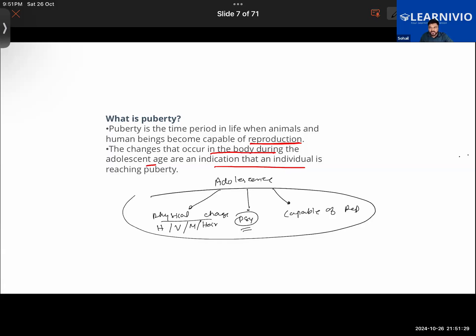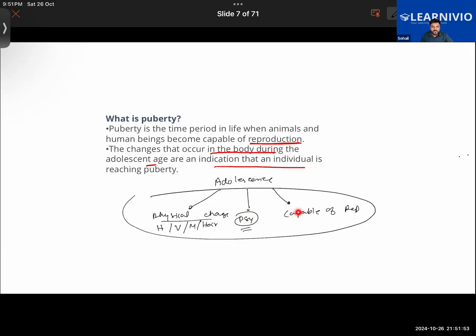All of these will also be developing in them. Mood swings: at certain times teenagers will feel very happy, very elevated. At certain times they will feel very low in life, and very much demotivated. This is called mood swing, and it is related to the mental psychological changes.